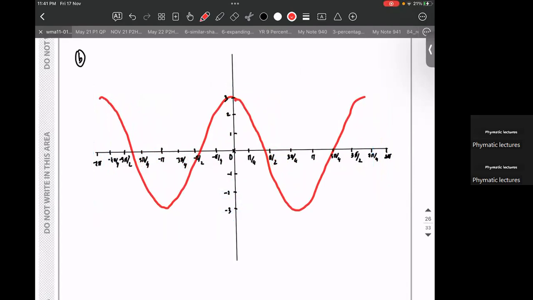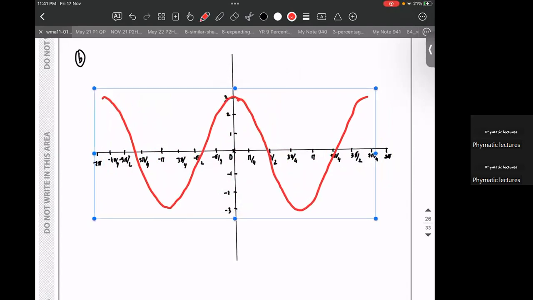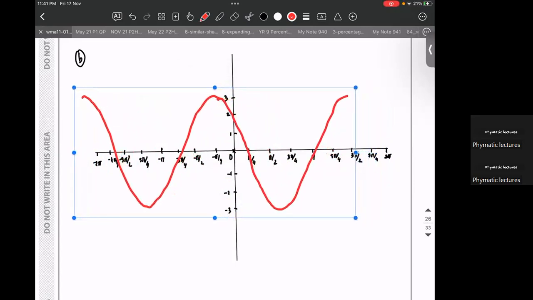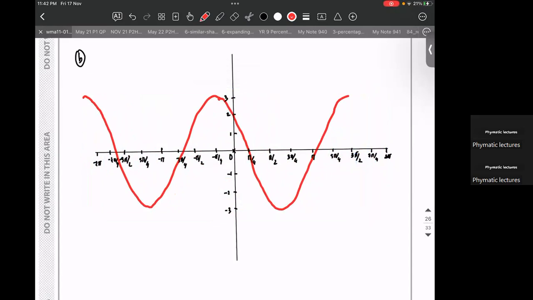This is the normal graph. So we need to shift this. We need to shift this pi by 4 units towards the left. So we are shifting this, so that it is shifted pi by 4 units to the left.